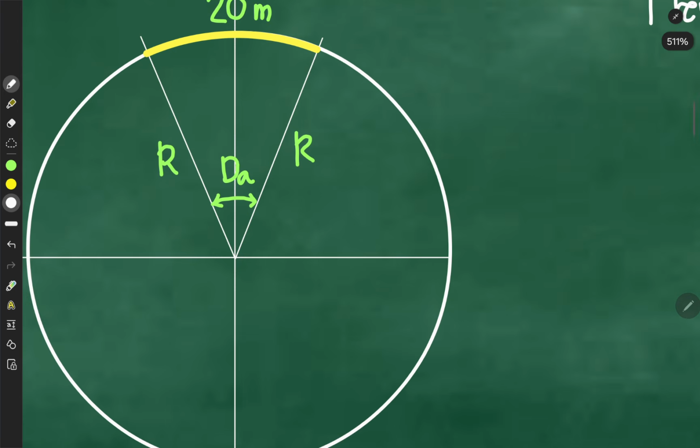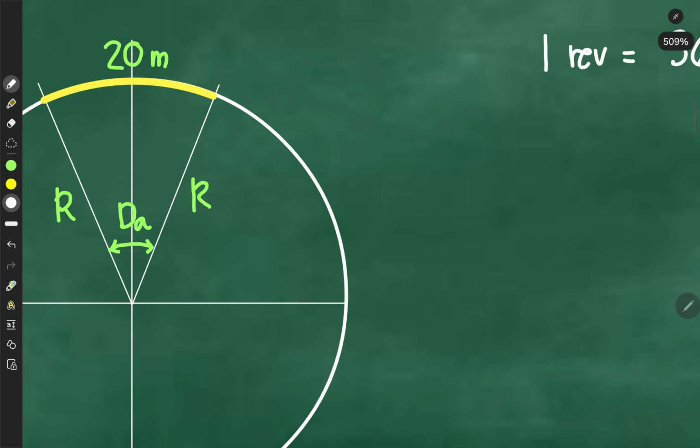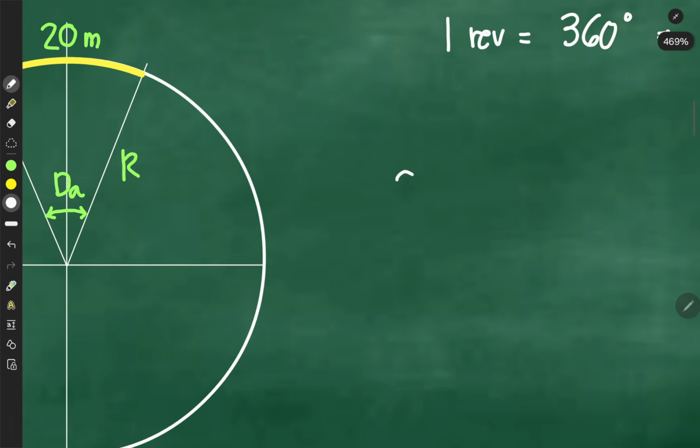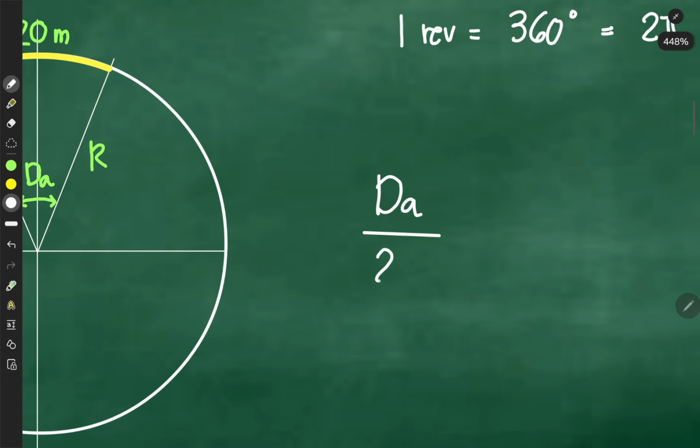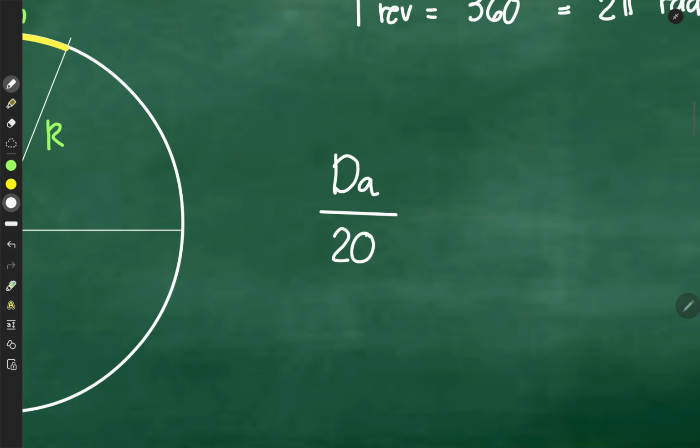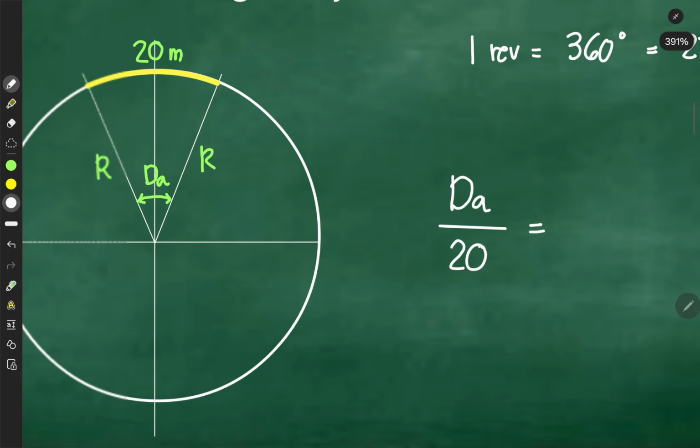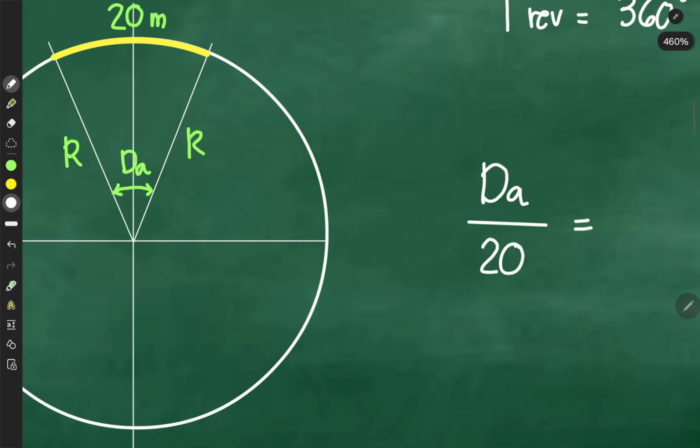So, first, itong ating degree of curve by arc definition, if this is dA angle, i-over ko siya ngayon kay 20 meters. Okay? And next, saan ko siya i-equate para makapag-ratio and proportion tayo?